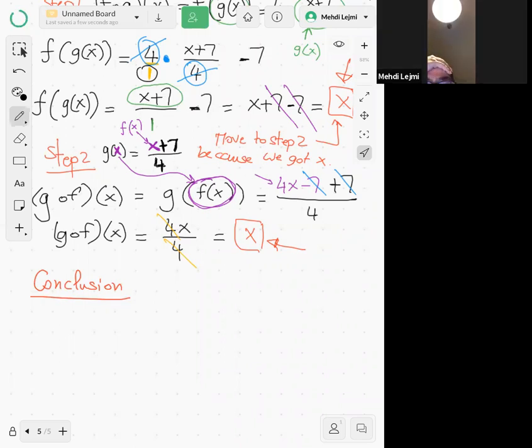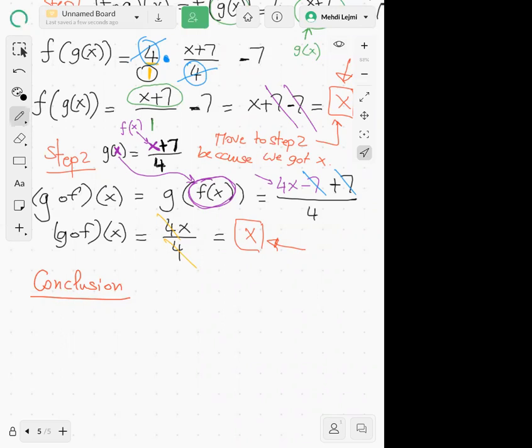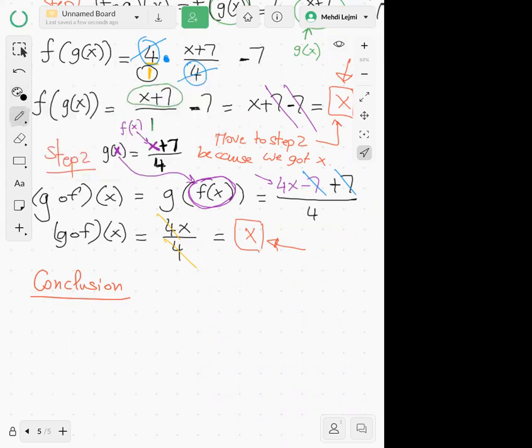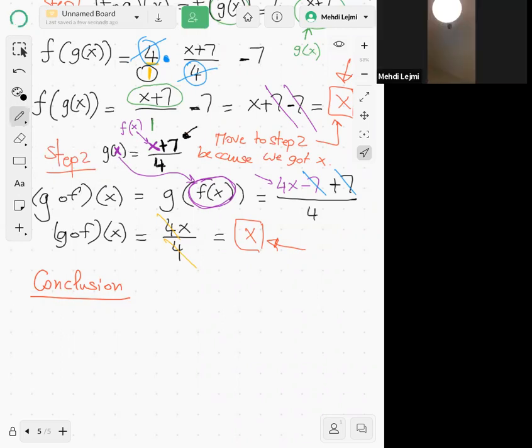Sorry, can you repeat? Yes, if you say x plus, sorry, plus 7, we talk that from our last solution, that is x, and then we solve that problem.